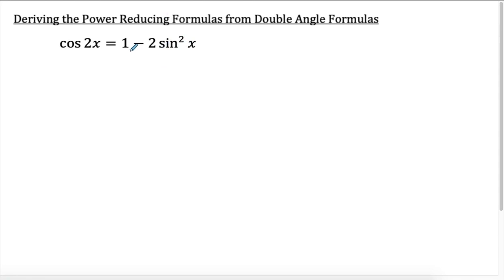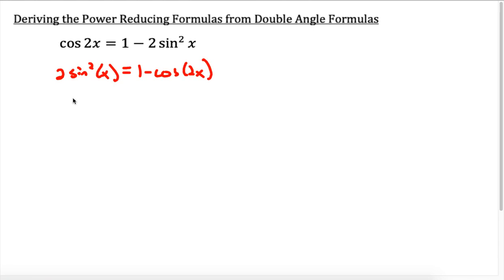I'm going to start by bringing the cosine of 2x over to this side, and bringing the sine squared over to this side to make it positive. Essentially, I'm going to switch these: add that over to this side and subtract this over to the other side.